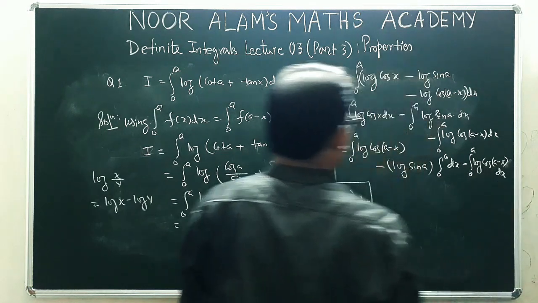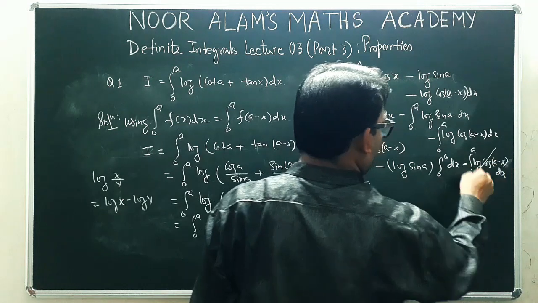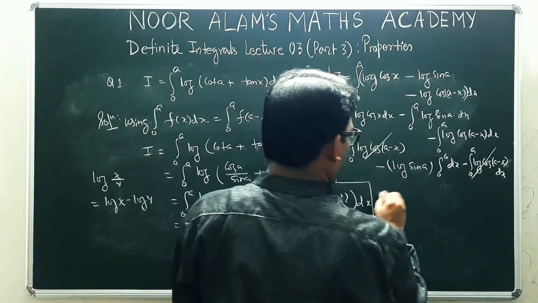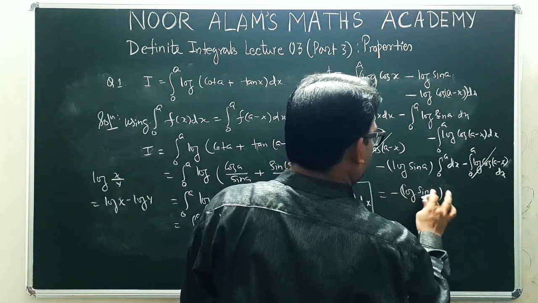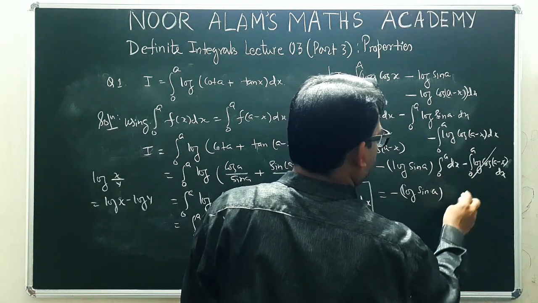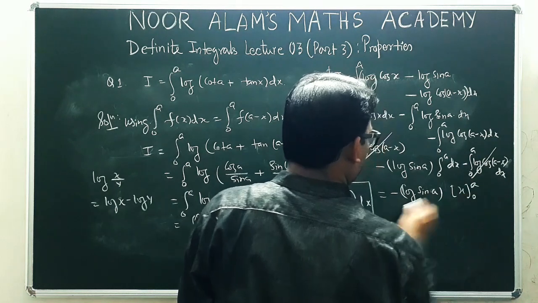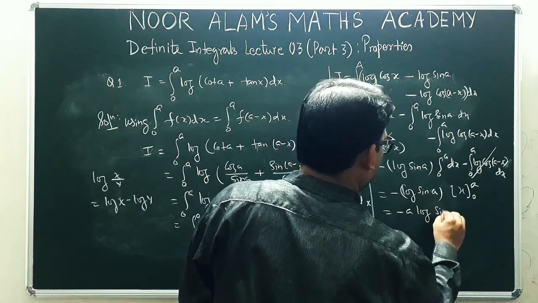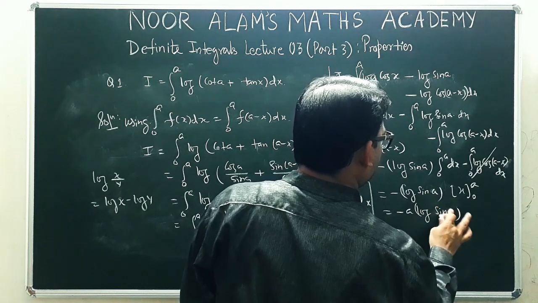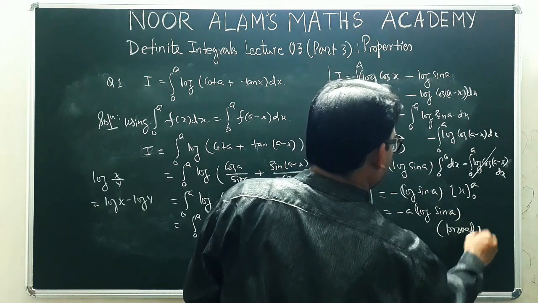Now you see that the integral of log cos(a minus x) terms cancel out. So what we have is log of sin a times the integration of dx, which is x from 0 to a. So from here we get a minus a log sin a. This completes our proof. So this is the result that we want.